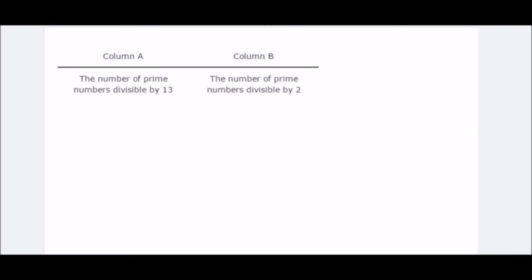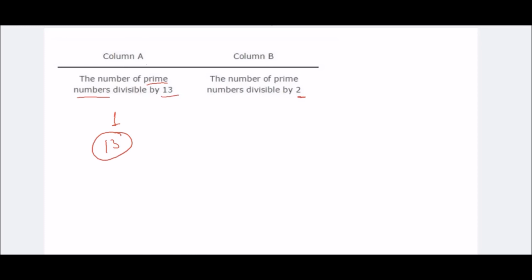Our next question: column A is given. We have to find out the number of prime numbers divisible by 13, and for column B we have to find out the number of prime numbers divisible by 2. See here properly, prime numbers are always divisible by themselves only, not by other numbers. So the possibility of prime number is 1 only, right? That is 13 itself. 13 is only divisible by 13.